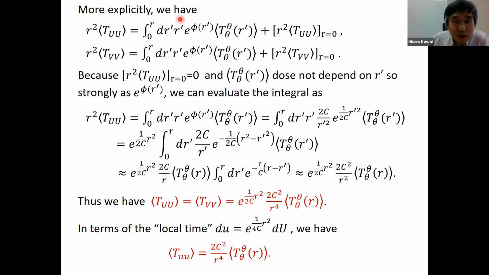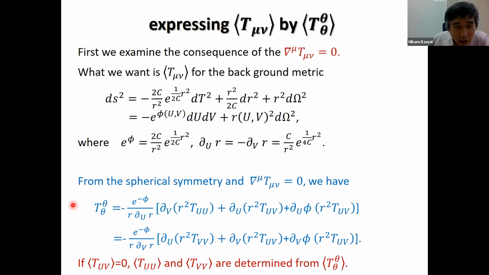More explicitly, T_UU is given by the integral of T theta theta with this factor, e^phi and r, dr. And since dU/dr is equal to minus dV/dr, this part becomes an r integral. So this means r squared T_UU is T theta theta multiplied by e^phi and r, integrated over r.